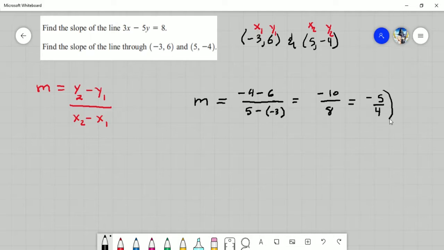So the slope of the line that goes through those 2 points is -5/4. That was pretty easy in the beginning, to get our brains warmed up so we'll be ready for the next few problems. So with that being said, let's go ahead and go to those next few problems.